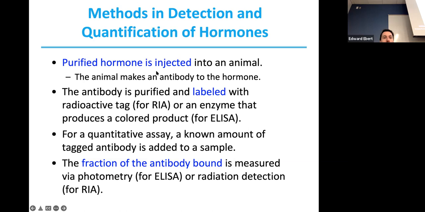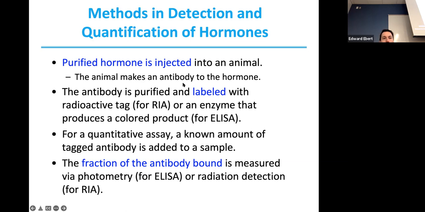How do we do this? You can take a purified hormone, inject it into an animal, and the animal will make an antibody to that hormone. This is why, if you've ever used something like anti-mouse tags, you can see we made this in mouse. We injected something into a mouse, and we got this mouse version of the antibody.